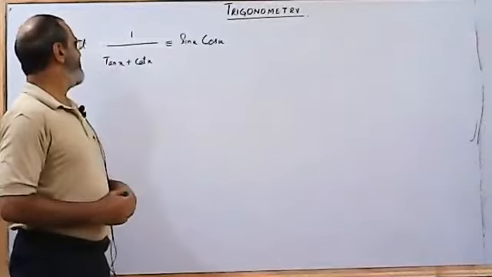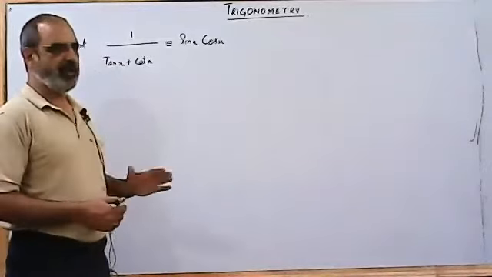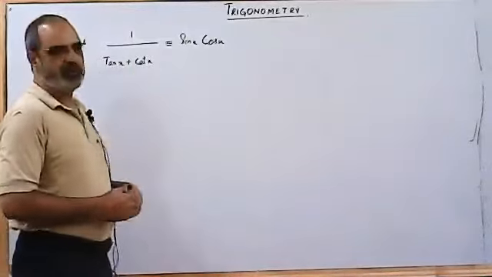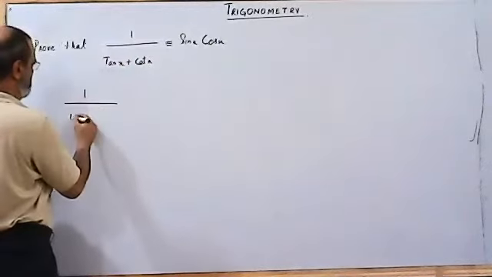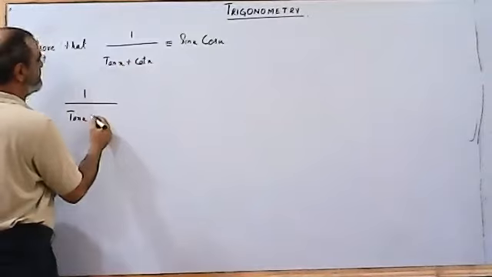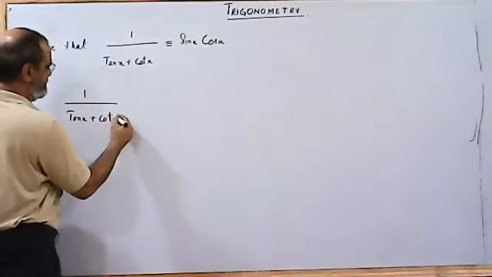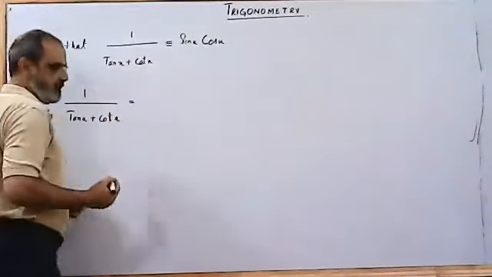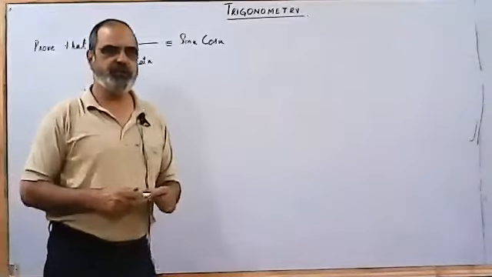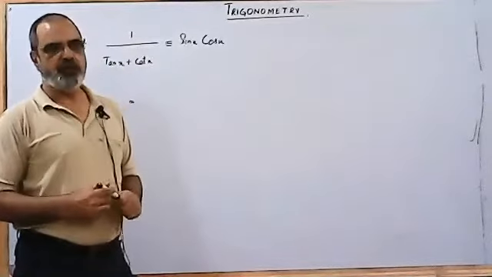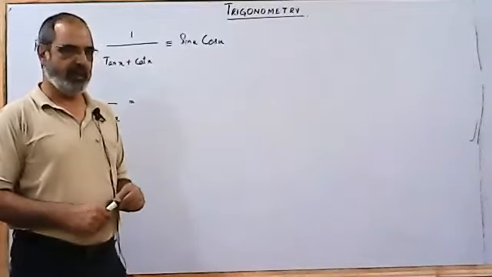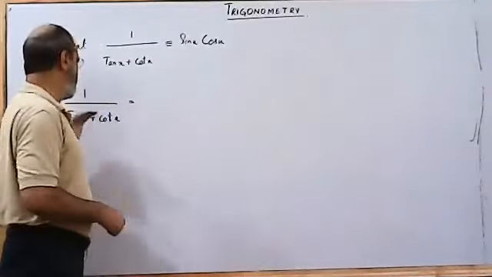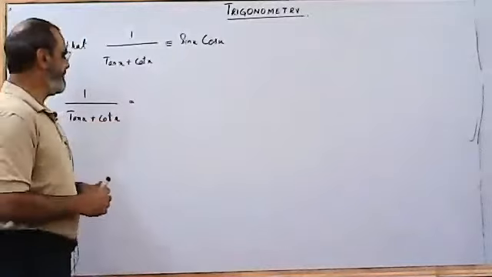In this case, I'm selecting the left hand side, because here I have more terms. Second step is to change all the trigonometric ratios into sine and cosine. So I'm changing tan and cot into sine and cosine.